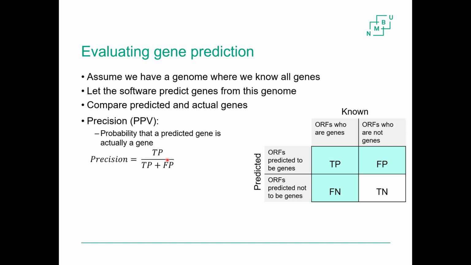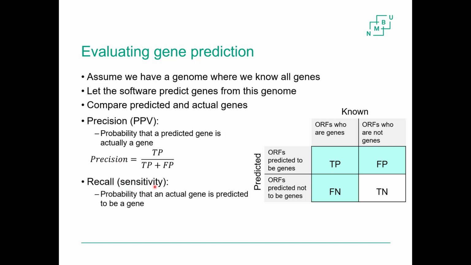You can see it takes the true positives and divides by the number of true positives plus false positives, which is the sum here. That sum in these two cells is all the predicted ones. So the fraction of true positives among all the predicted ones, that's the precision.